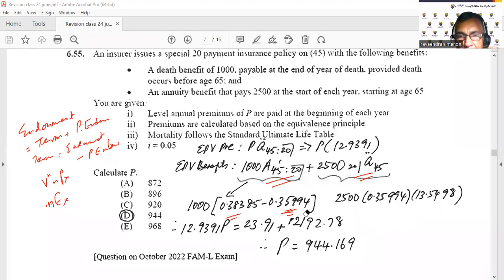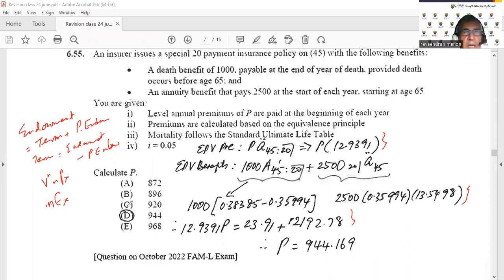Okay, good. Take this and you equate it to this, like I've done here for you, and you solve for P, you'll get 944.169. Correct response will be D.